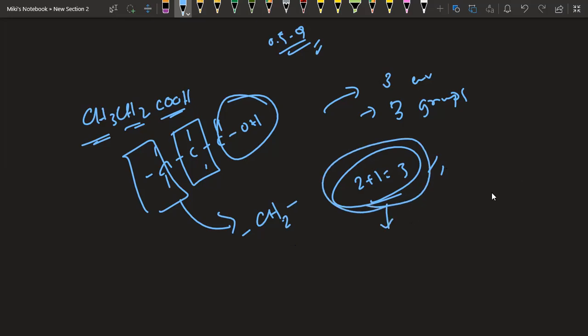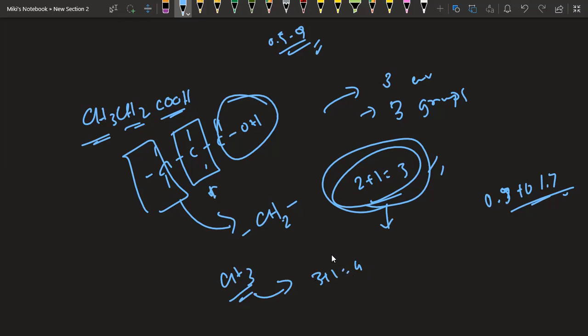That triplet will give somewhere between 0.9 to 1.7. Okay, somewhere in that region. And for this CH2, its adjacent is what? CH3. This CH3 will cause us to get 3 plus 1, which is a quartet.